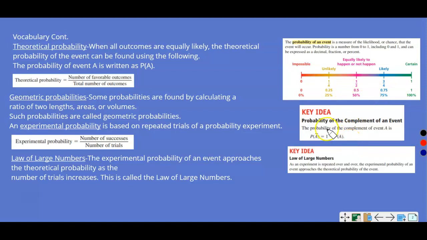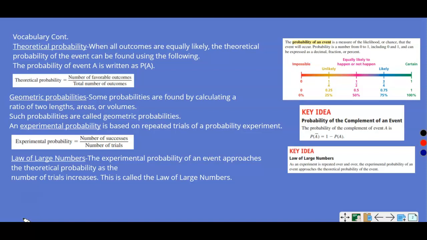Couple key ideas: the probability of a complement of an event. The probability of a complement of an event A is P of A bar equals 1 minus P of A. All right, so one way to think about a complement is if you know the sum of the probabilities of all outcomes in a sample space has to equal 1 or 100%.